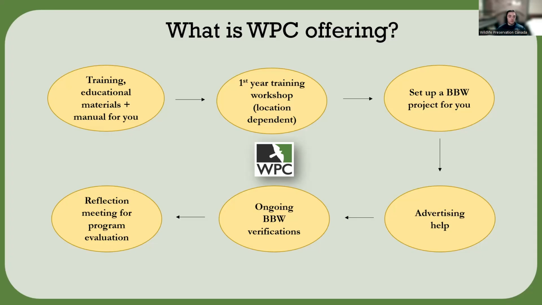We'll set up a Bumblebee Watch project for you, for your volunteers to submit their observations. And this will help us ensure that we at WPC on our team can find all of your volunteer submissions rather than having them go in the general Bumblebee Watch folder. It'll go in a specific folder where we can go in and check for new observations and verify them ourselves.